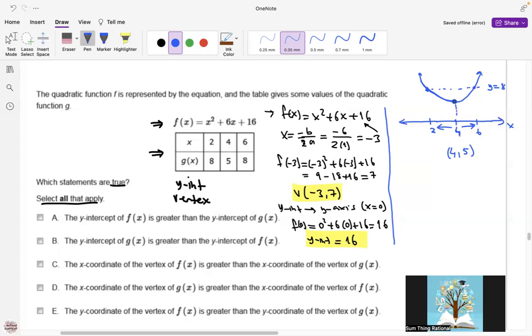When I draw a line of symmetry here, they are exactly mirror images of each other. It means that x is equal to 4 is the axis of symmetry. As you know, the vertex is on the axis of symmetry. So we say that the vertex of this function is 4 comma 5.